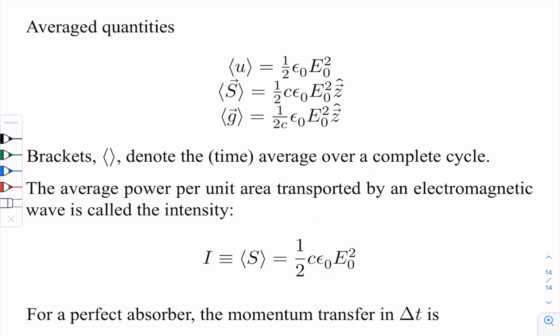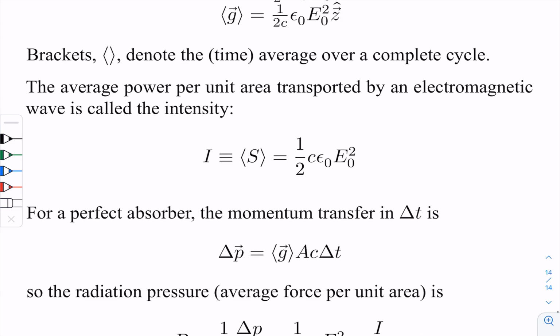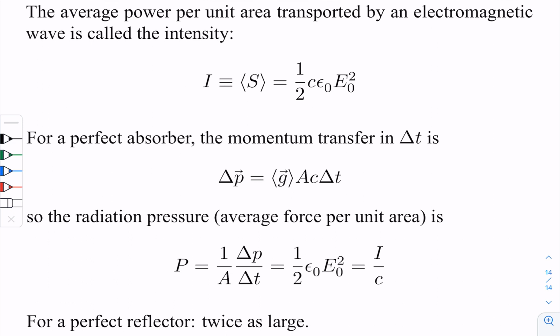Now, not only can we get the light intensity, we can also get the momentum kick by an electromagnetic wave. Say that we have a wave that's being absorbed by a perfect absorber. A perfect absorber means that after a photon hits the wall here, the photon will be entirely absorbed by this wall, and it can turn into thermal energies, and there won't be any reflected light.